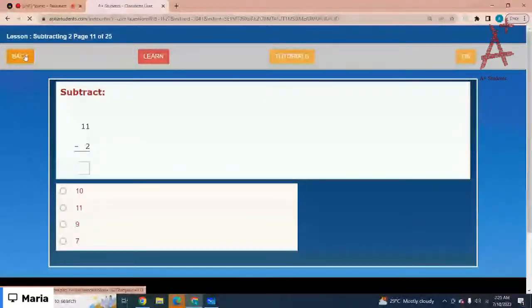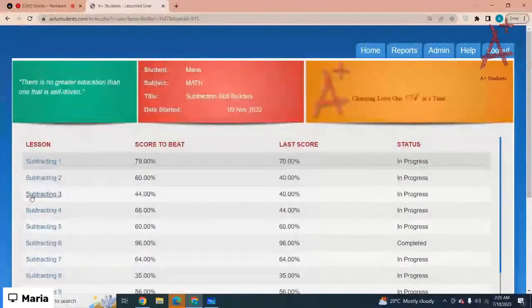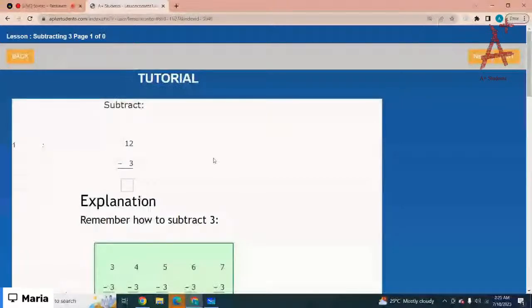Okay, the next one is subtracting 3. Now we're going to learn how we subtract 3 from the numbers. So you can keep this very important table in your mind.